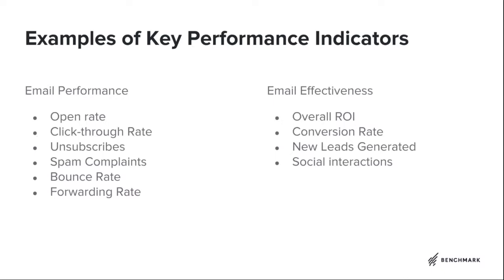I was mentioning before that we have the general performance of the email campaign, and then we have the general effectiveness. Now, the first of these metrics is going to be included in all of your reports. That's all the basic bare bones stuff: open rate, click-through, unsubscribes. Your effectiveness is where you take into account your conversion rate.